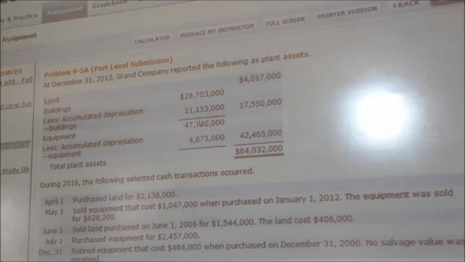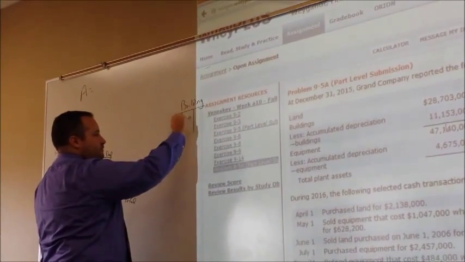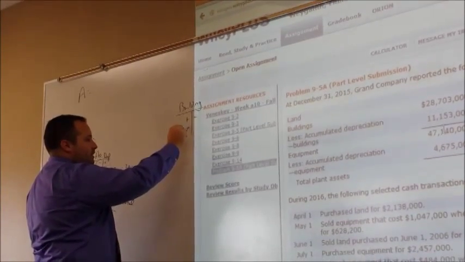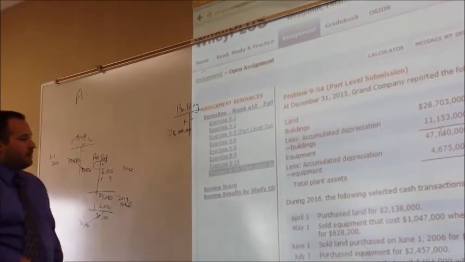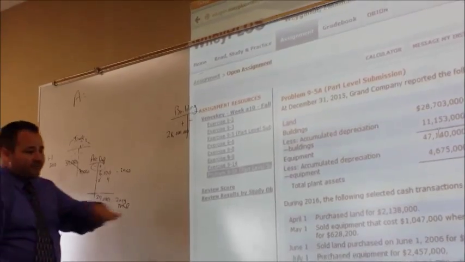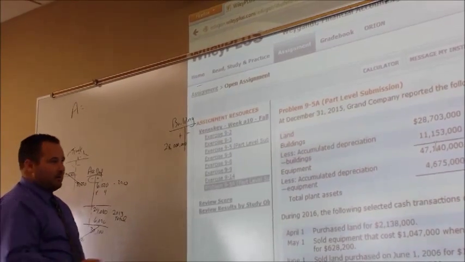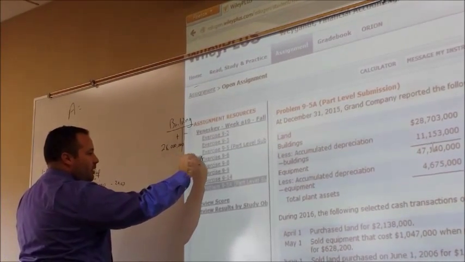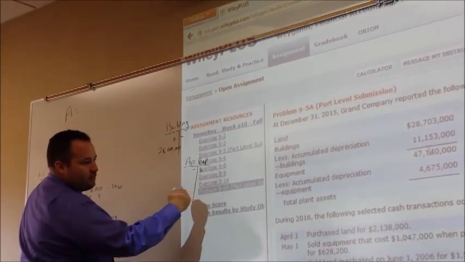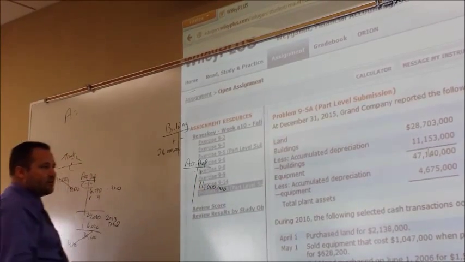So as you're going through, just for an example, you're going to have a T account for the building. And just to make it easy, I'm just going to say 28 million because you don't have the printout anyway. Let's pretend we didn't do anything else with the building. It's going to want to know how much should you have put in as additional accumulated depreciation.